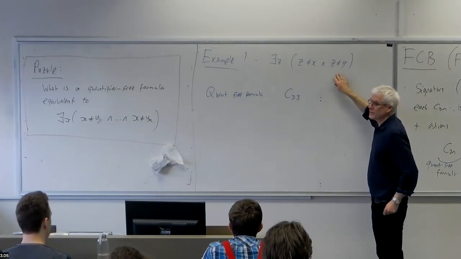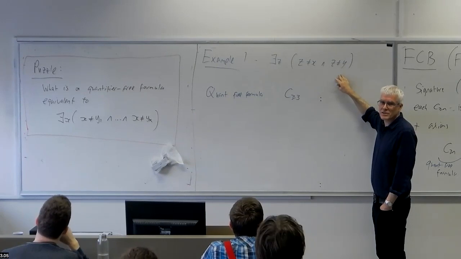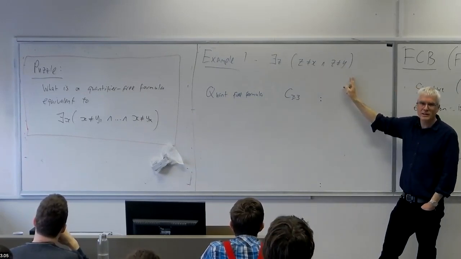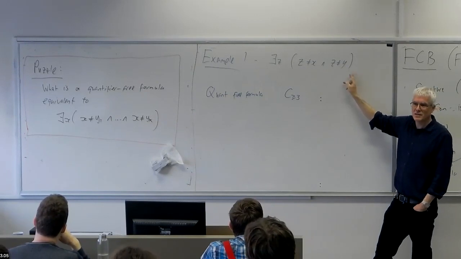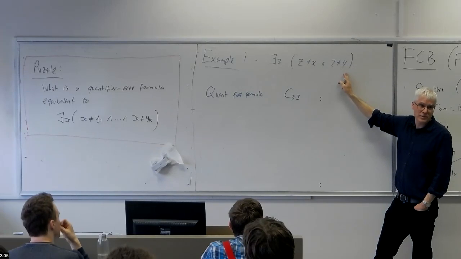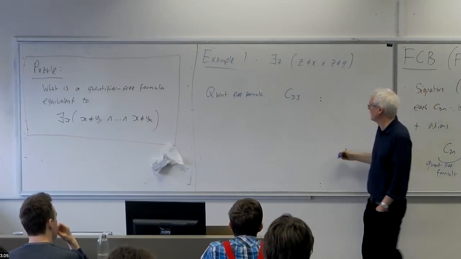But that's not the only situation in which this can be true. What happens if x equals y? Well, in that case, this will be true whenever the cardinality is at least 2, because if x equals y, it's then one of those elements, and you can take z to be the other.